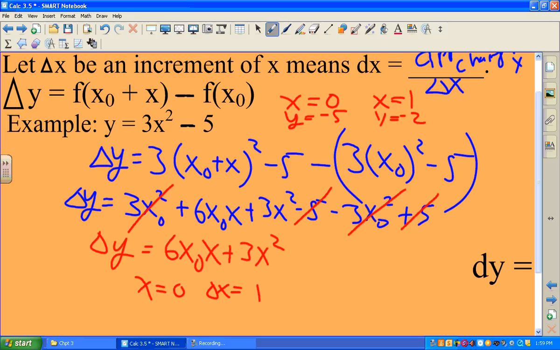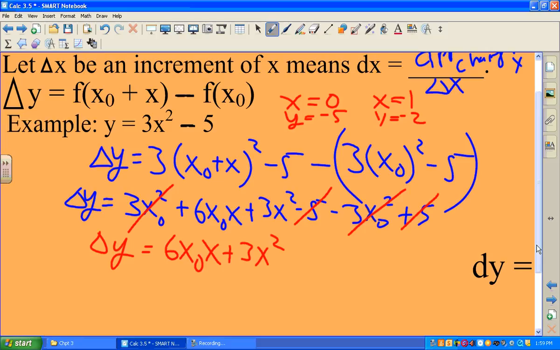Something ran awry there. Interesting. Maybe I got it backwards.